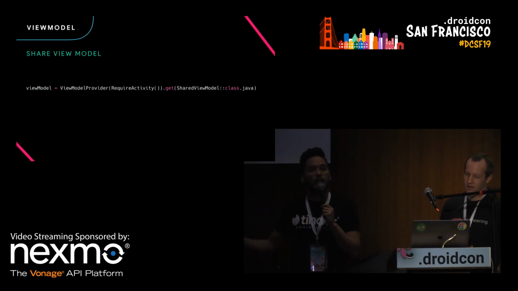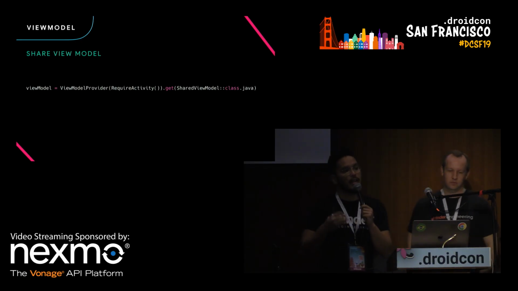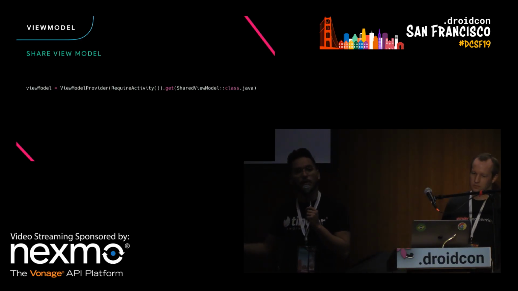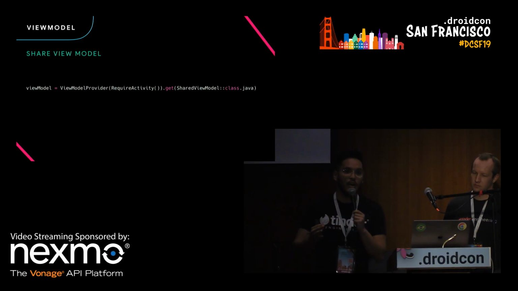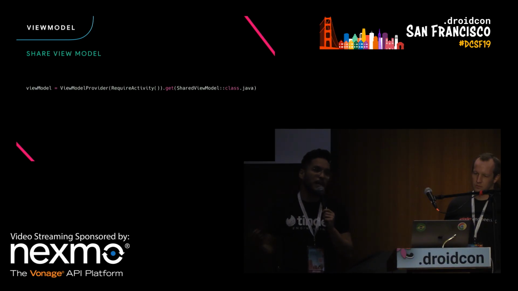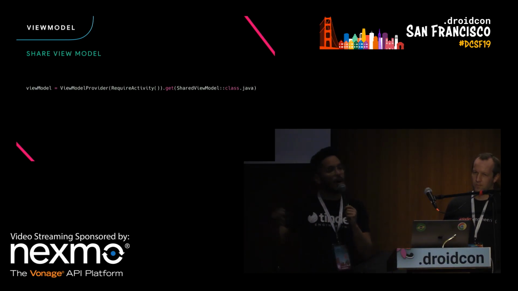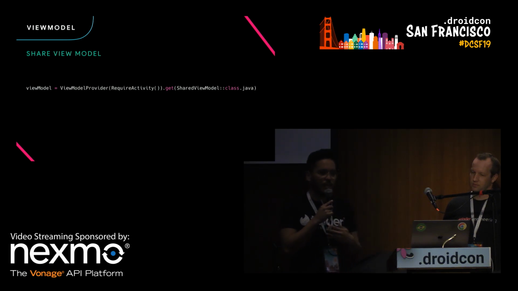Because that view model is on the activity scope, and every time we're asking for that view model, we're passing the activity as a provider, we will always get the same instance in every single fragment, and that's how we can reuse it as a shared view model.